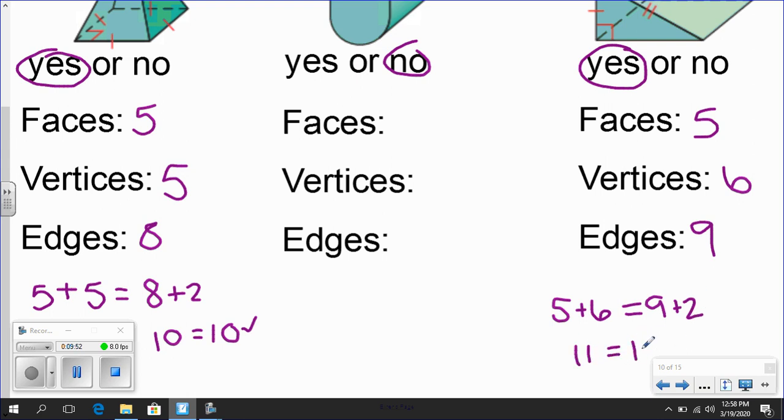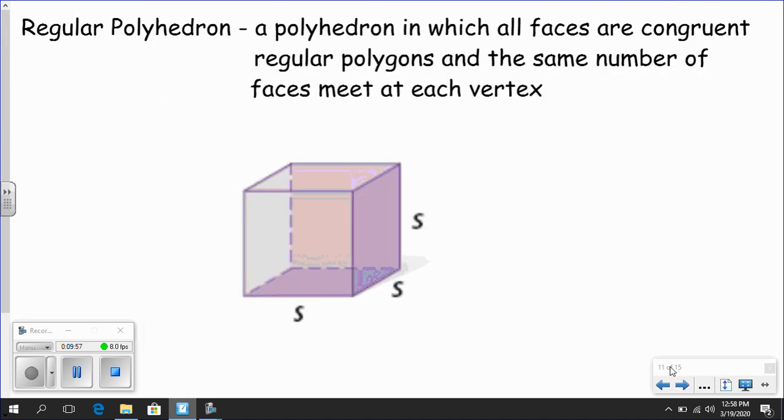A regular polyhedron is a polyhedron in which all faces are congruent, regular polygons, and the same number of faces meet at each vertex.